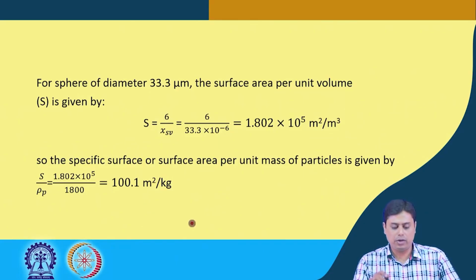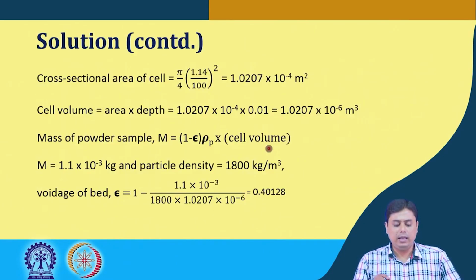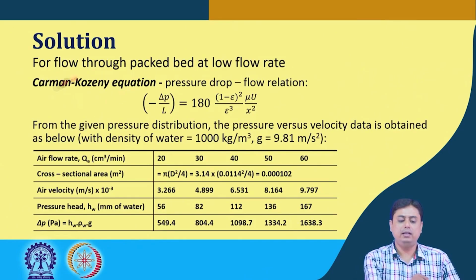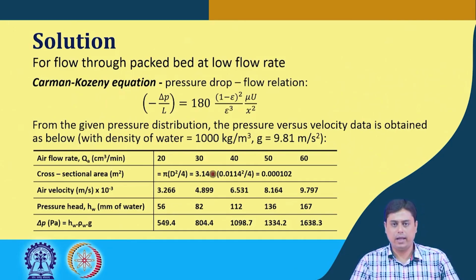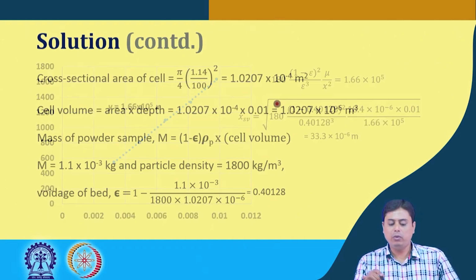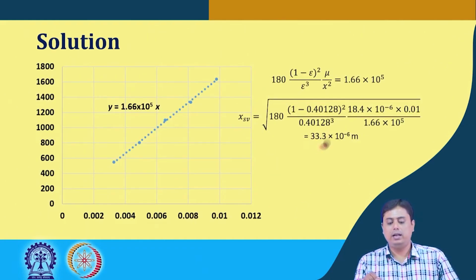that you should try is that here we have assumed that this equation is valid for this problem, and you have to remember this Kozeny-Carman equation is valid for very low Reynolds number. Can you establish that? Because now you have the diameter of the particle.